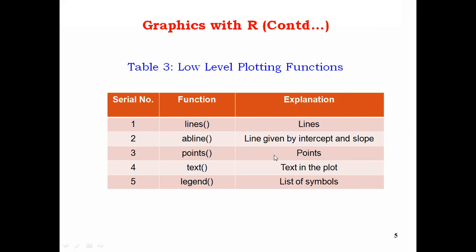ABline means a line given by intercept and slope. Points means the points. Text means the text in the plot, what we are going to write in the plot as text. Then legend, which is also important. Legend is a list of symbols. This will be clear later with the help of an example.